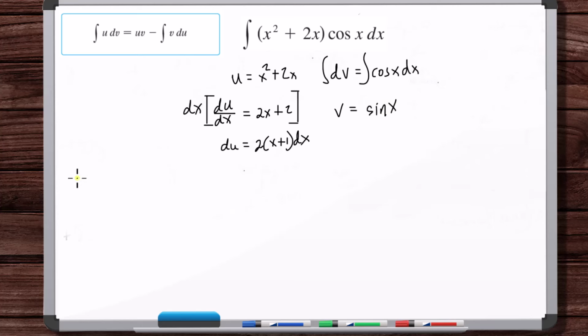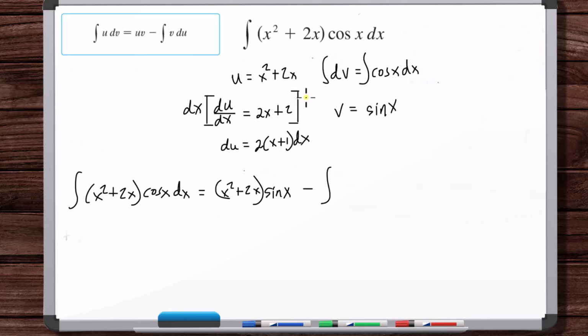So the integral of x squared plus 2x times cosine x dx is equal to u times v, minus the integral of v du, which is 2 sine of x times x plus 1 dx.